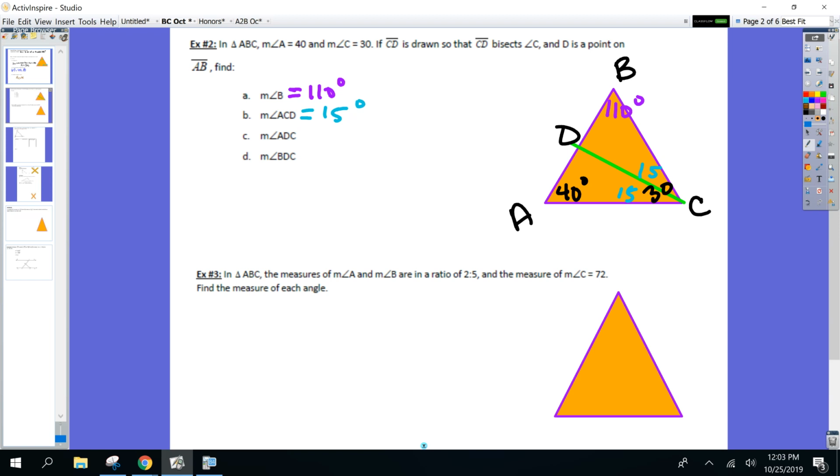If you give me your 115, I don't think it'll add to 180. You might want to check again in the calc real quick. You got 40 and 15 already. $125. Everyone good? 125.